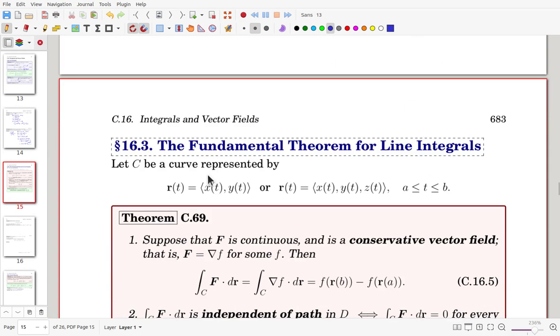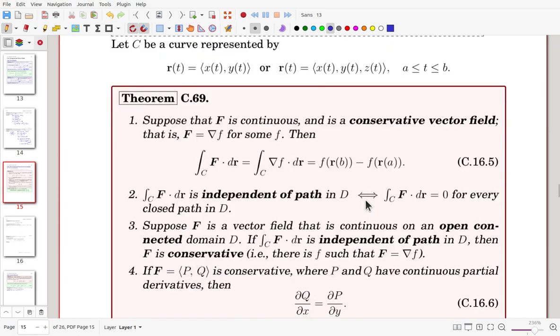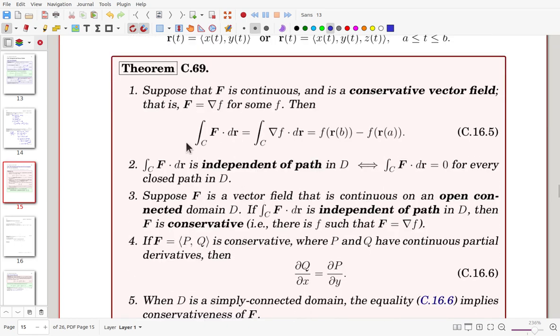It is the fundamental theorem for line integral. This theorem can be used for either the plane curve or curve in three-dimensional space. F is continuous, and the vector field is continuous and is conservative.